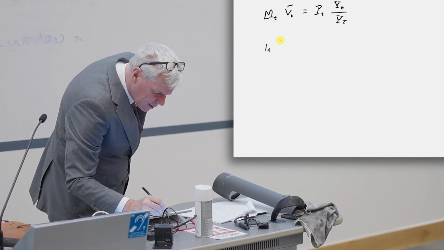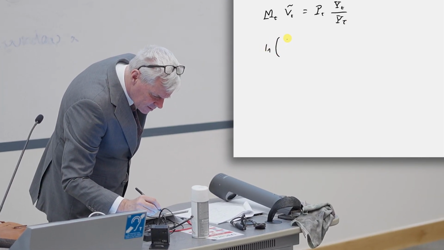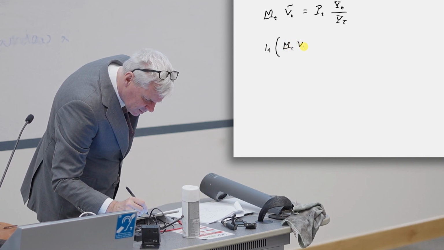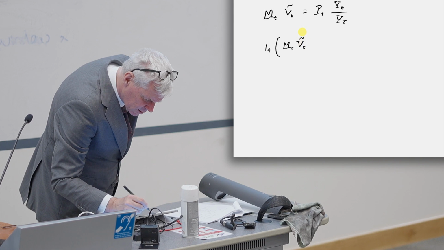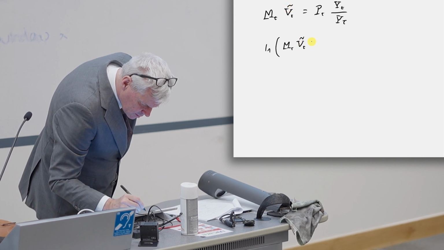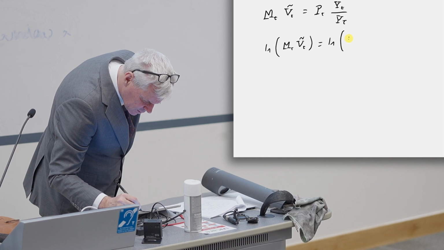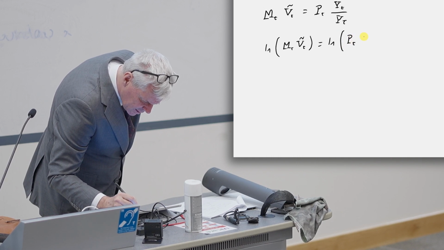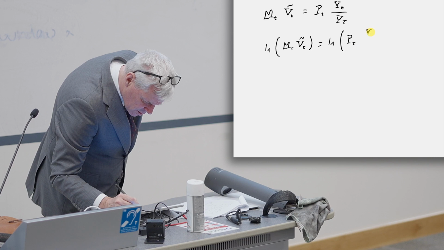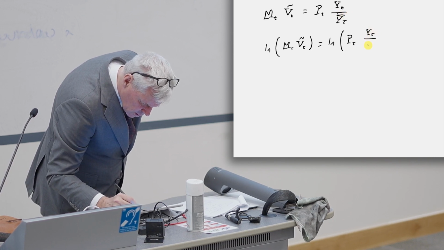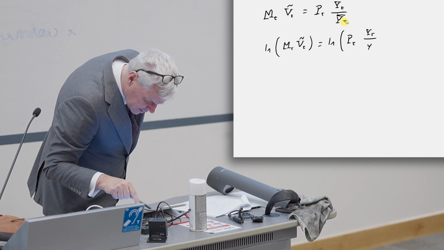We get ln of the left-hand side, M_t V_t tilde, equals ln of P_t Y_t over Y bar, there's no t on this.